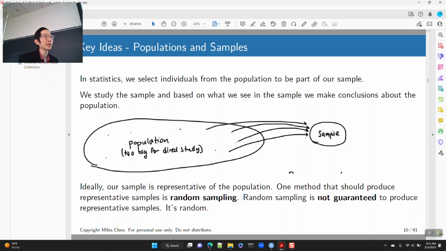So maybe our sample has 50 individuals selected, okay? Ideally, whoever we selected to be part of our sample, whether it's 50 people or 5,000 people, ideally the sample we have is representative of the population, kind of like a miniature version of the population, right?